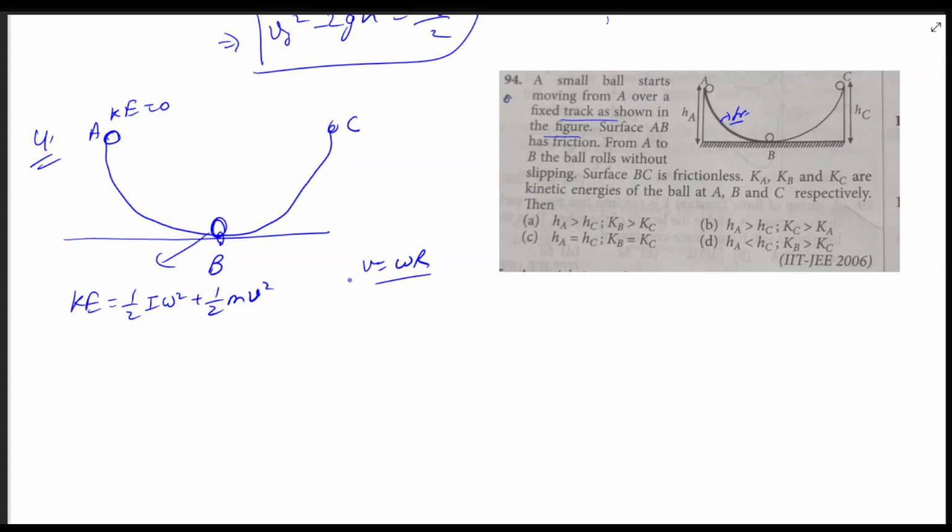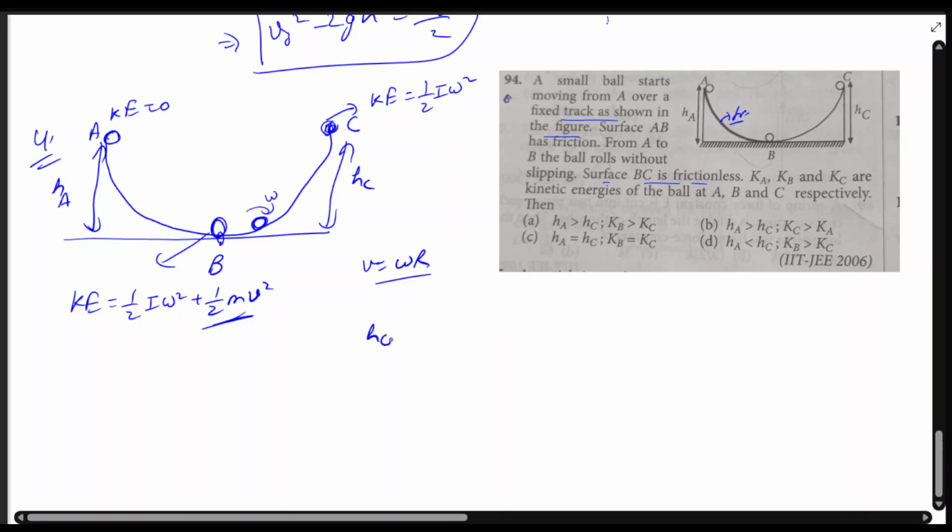Now the surface BC is frictionless. So it will keep on rotating with the same omega, but the velocity will not decrease. So at C, the kinetic energy will be half I omega square. Look, if this is HA and this is HC, then HC will always be less than HA.